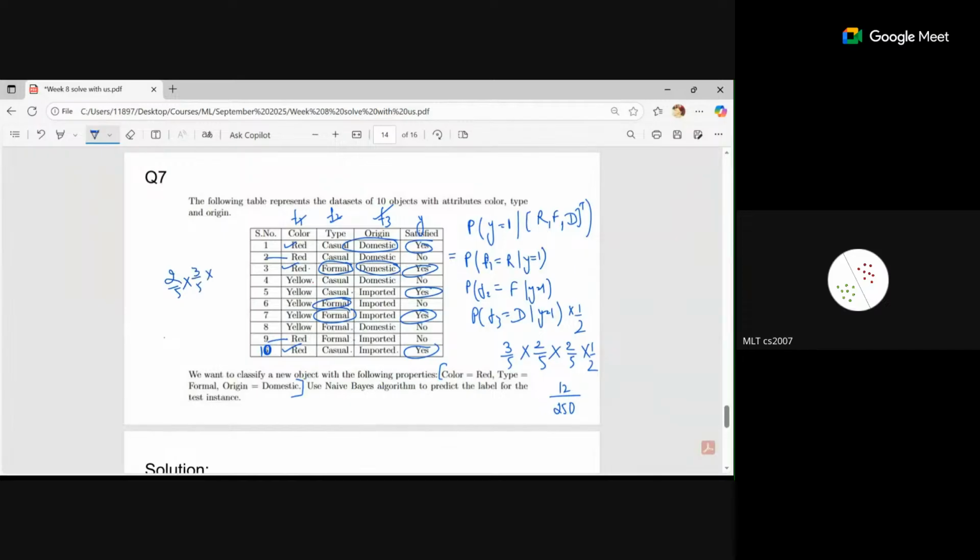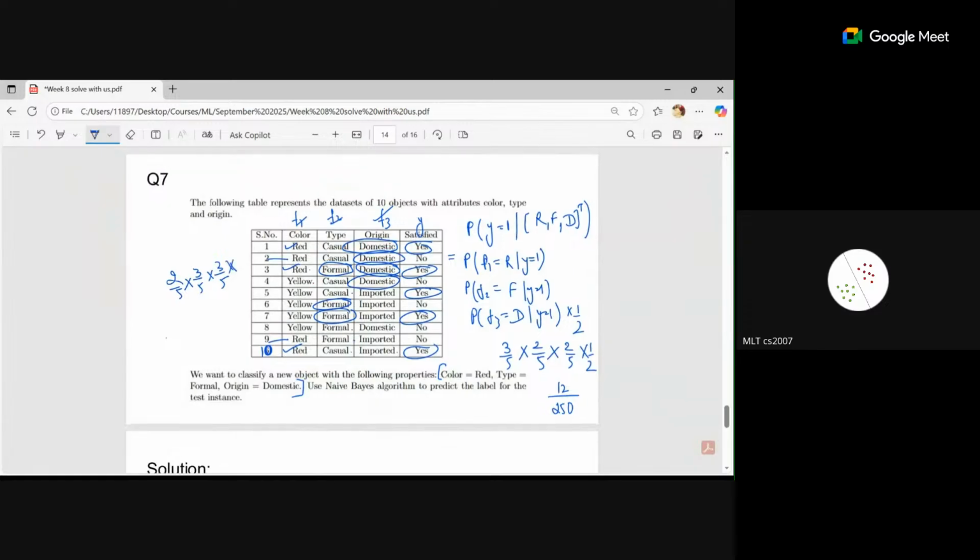What is going to be domestic? So this is 3 by 5 into 1 by 2. This is 18 divided by 250. So this probability is going to be higher for us. So the answer is going to be more.